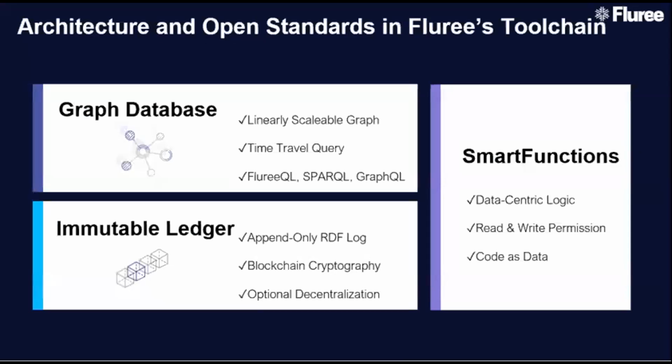For those who are just joining the Fluree community, a quick recap of what is Fluree. Fluree is an open source, general purpose operational data store. It's built from the ground up with some unique characteristics.